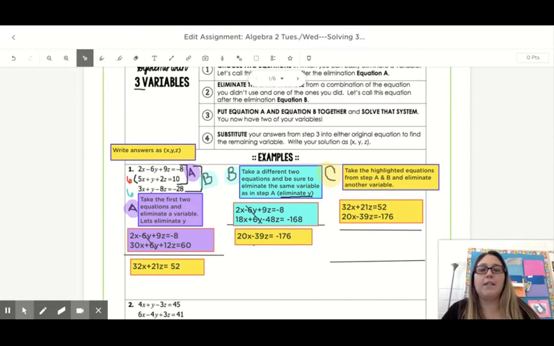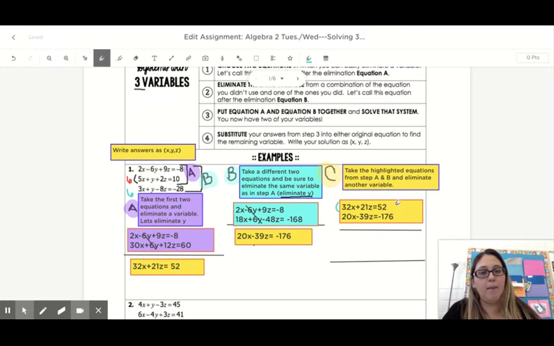Let's try a division just because we haven't done it before. And so I noticed that I can get 4 out of 32 and I can get 4 out of 20. And so I'm going to do that so that I get, and one of them needs to be negative. So in order to get 4 out of this top one, I would have to divide everything by 8.